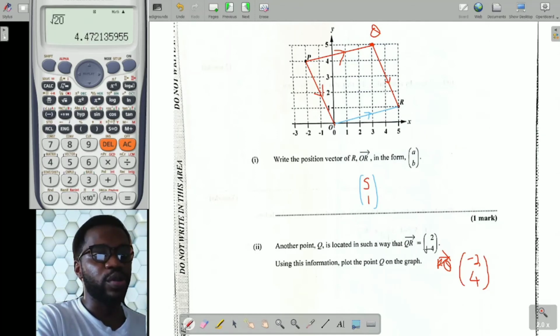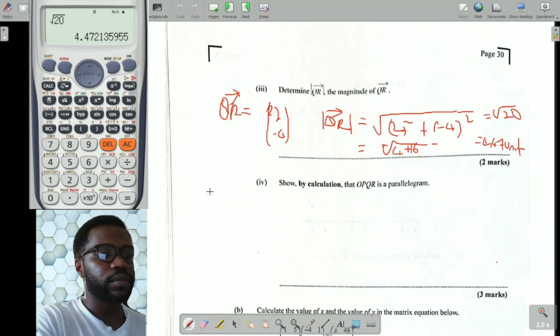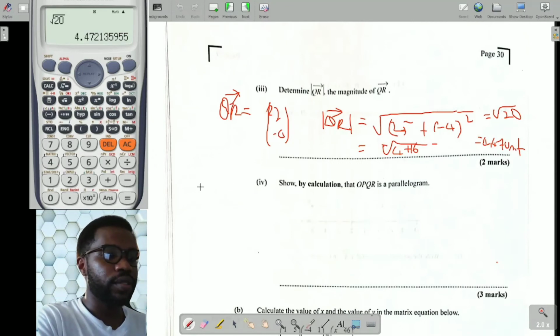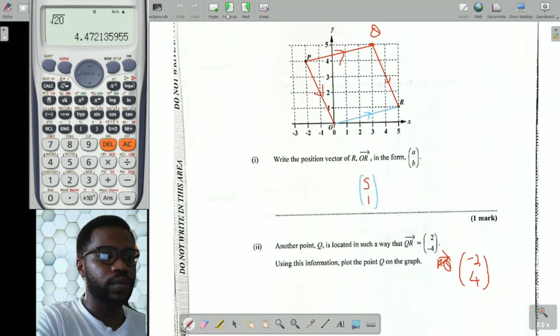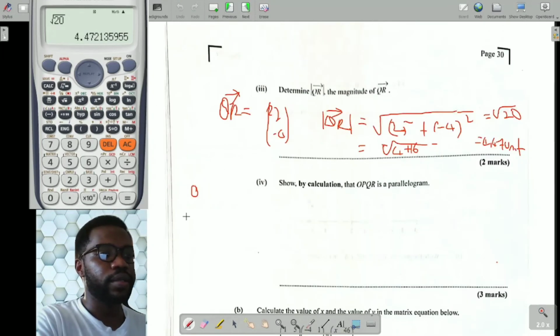Now we know QR already. QR is 2, negative 4. PO is also 2, negative 4. Alright, let's go to the next page. So we're looking at PO and we're looking at QR. PO is equal to 2, negative 4.